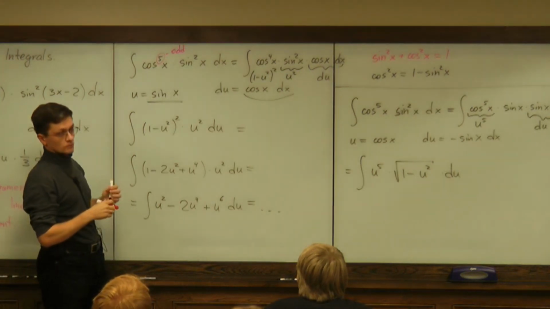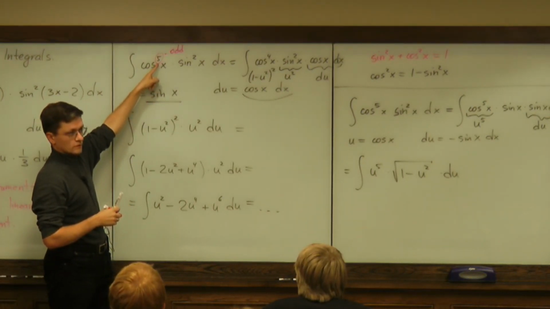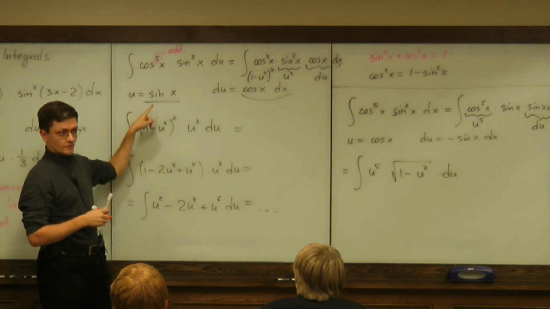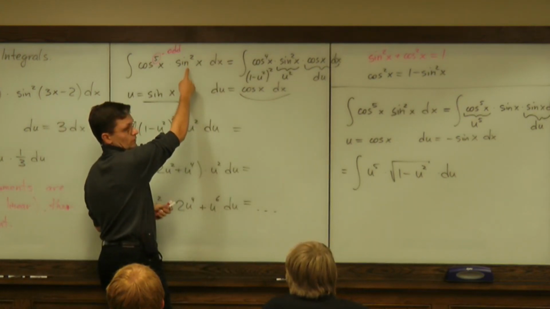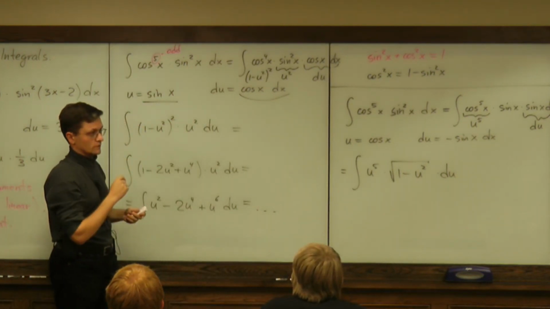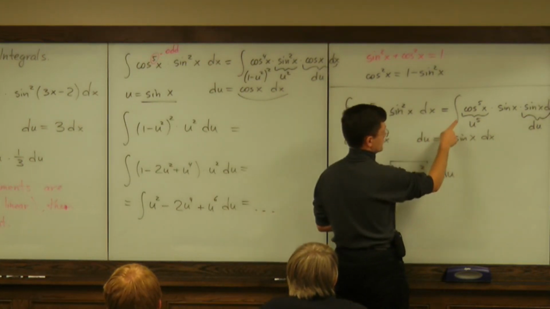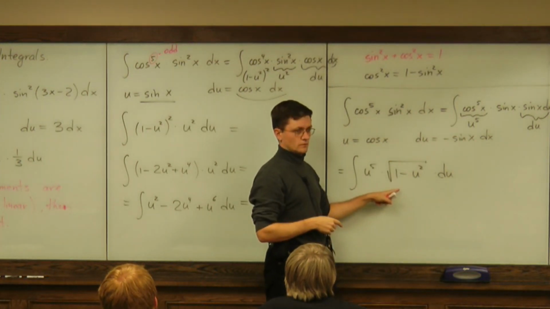And that makes a general rule. If you have a product like this, and one of the powers is odd, you make a substitution using the other function. If you see sine to some odd power, you use substitution u equals cosine. And if the power is even, then you run exactly into this kind of problem.